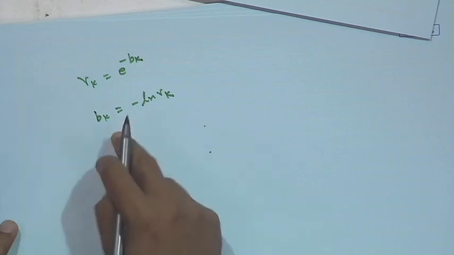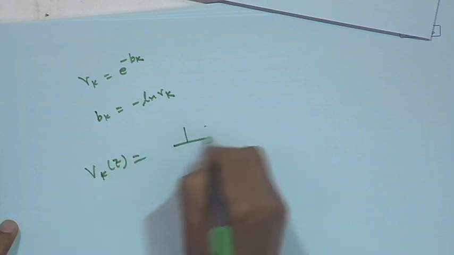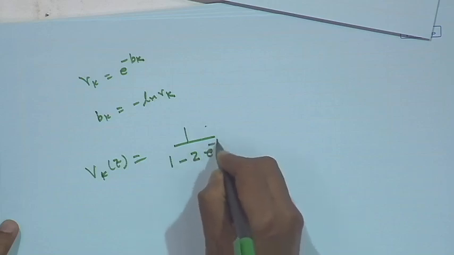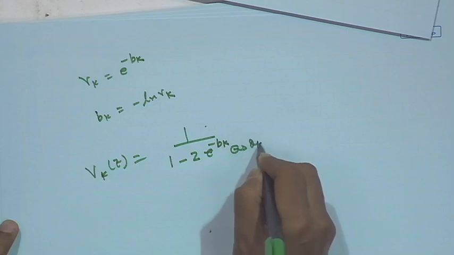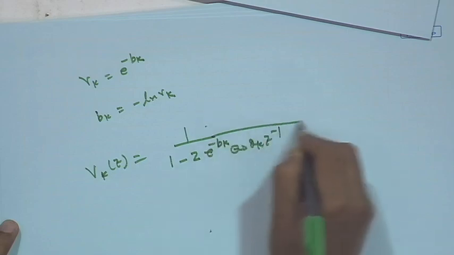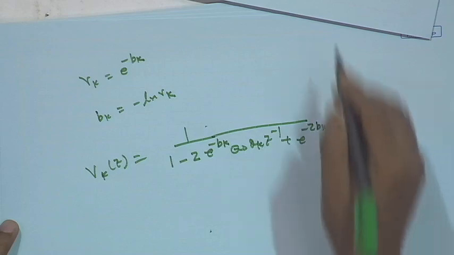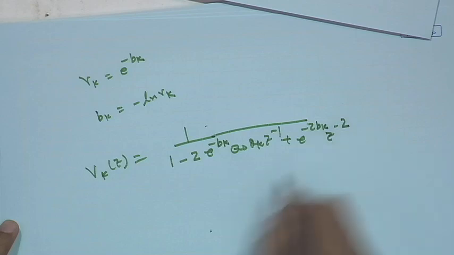If I put that value, then V_k(z) will become 1 divided by 1 minus 2 e to the power minus B_k cos theta_k z to the power minus 1 plus e to the power minus 2B_k z to the power minus 2.